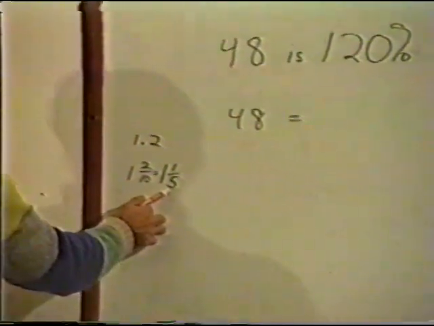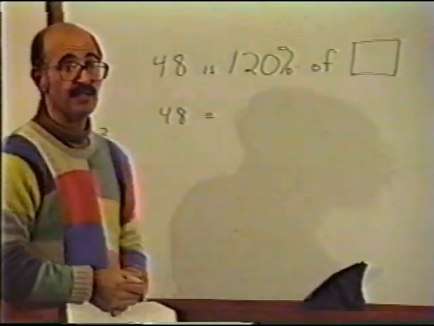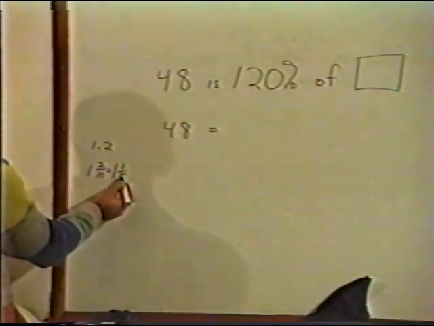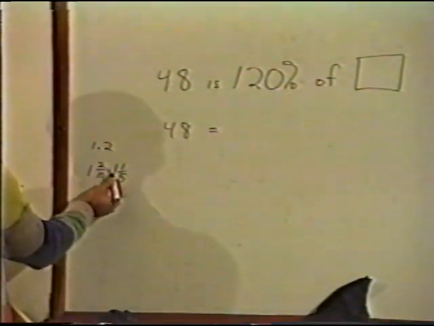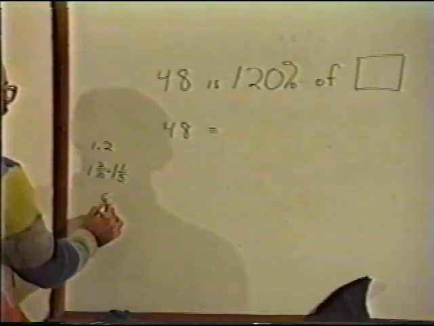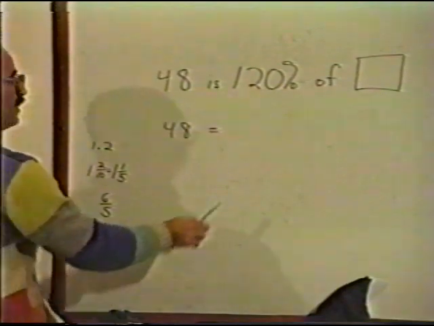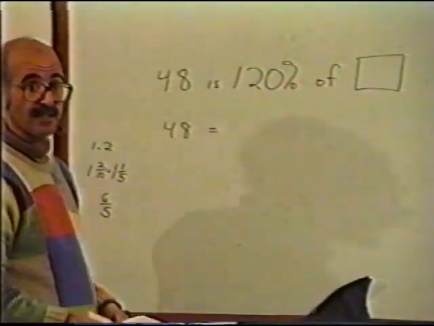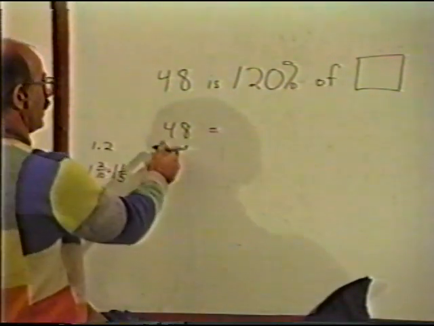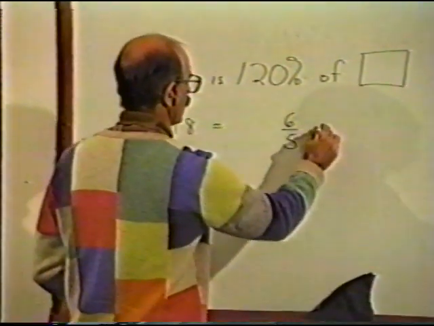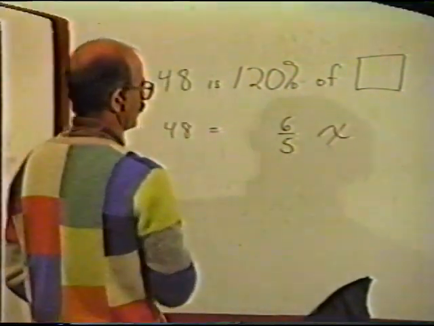Now we can change that mixed number into an improper fraction. 5 times 1 is 5, plus 1 is 6, so 6 fifths. 120% is the same thing as 6 fifths. 48 is 6 fifths of x.